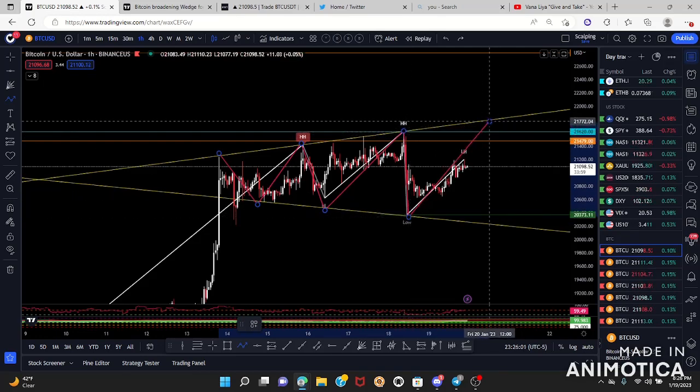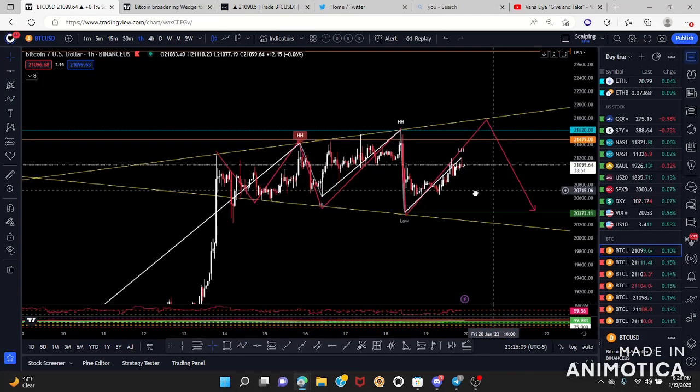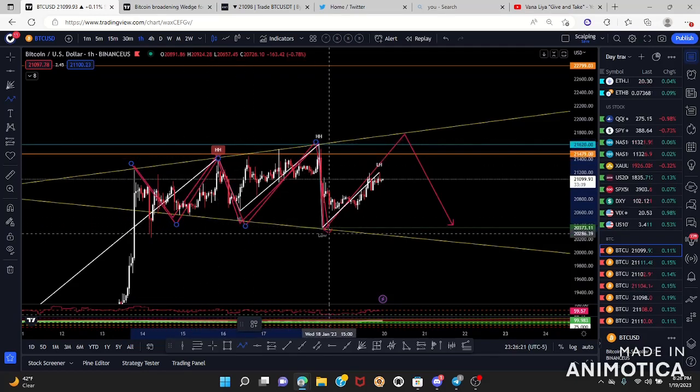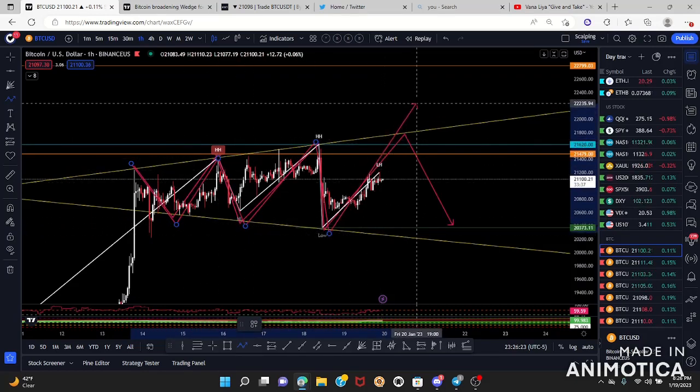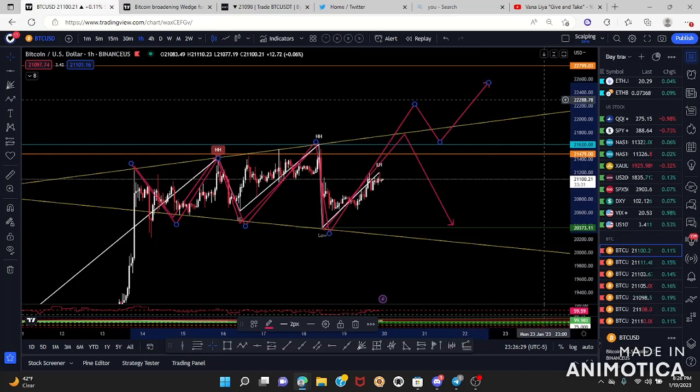So either we go to the top of this broadening wedge and we break to the downside. That's our bearish scenario. Or, and I put a trend line on the previous higher high, because if we go 1, 2, 3, 4, 5, and we break above our previous highs and find support, we could continue to the upside.